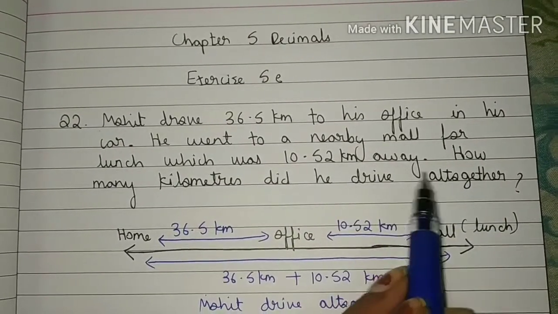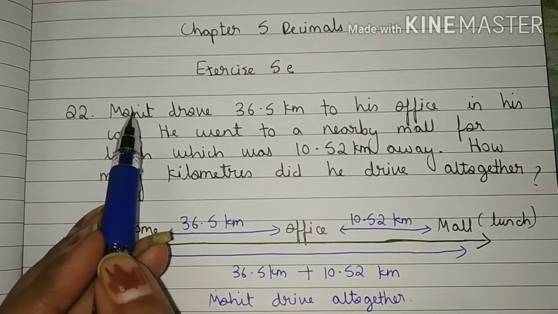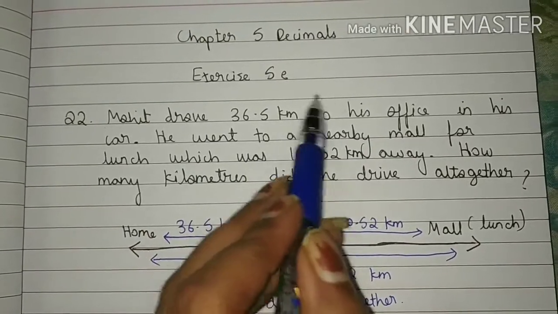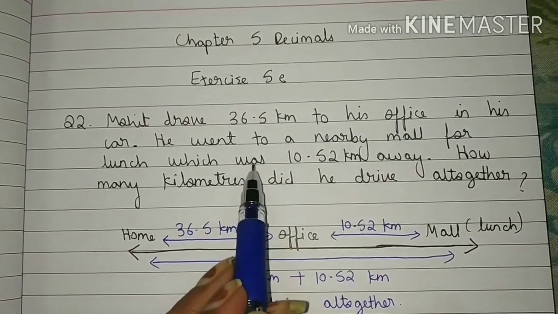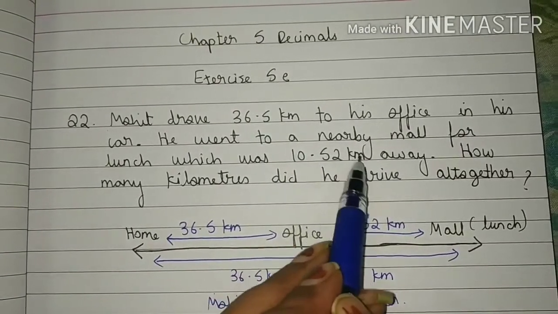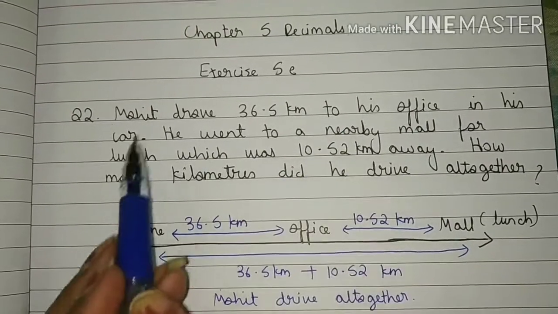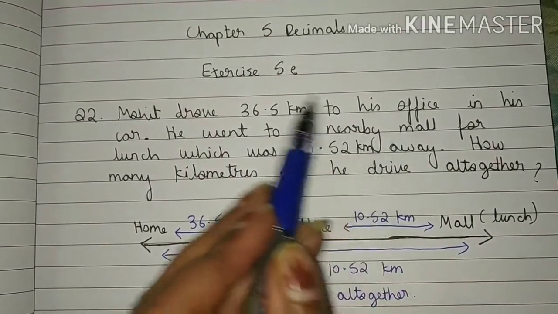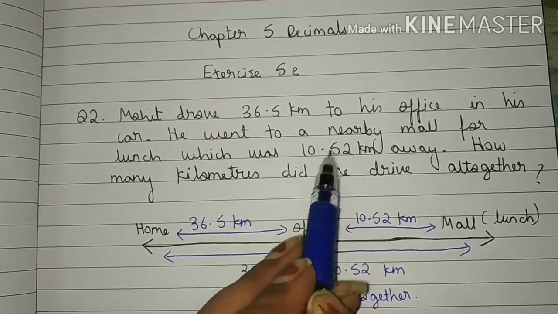So in this question, we will do addition because Mohit drives a car 36.5 km when he goes to his office. After that, again he drives a car 10.52 km when he goes to a mall for lunch. So overall he drives a car 36.5 km and 10.52 km.